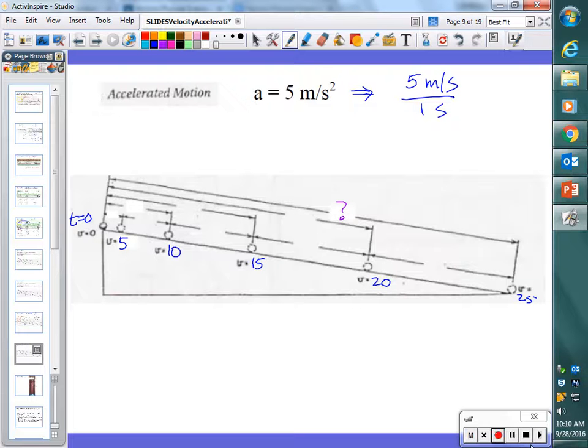But because this is constant acceleration, all of those relationships that we talked about are true for 1 second intervals, but they're also true for larger intervals of time. So, let's take a look at the whole ramp.